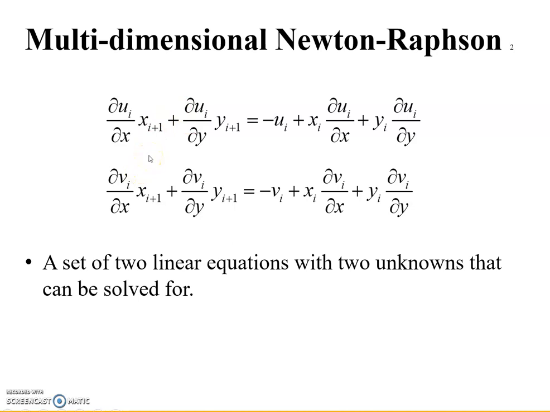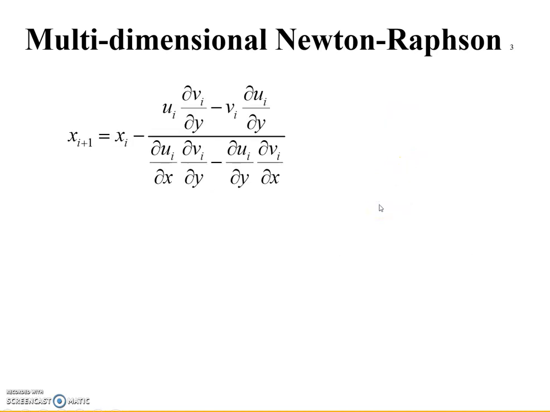The unknowns are xi plus 1 and yi plus 1. All the other values, partial u over partial x, partial u over partial y, can be calculated.